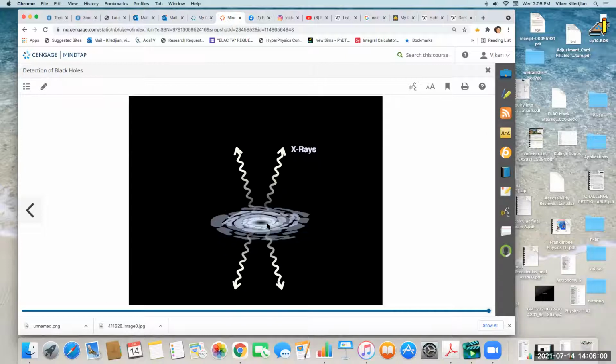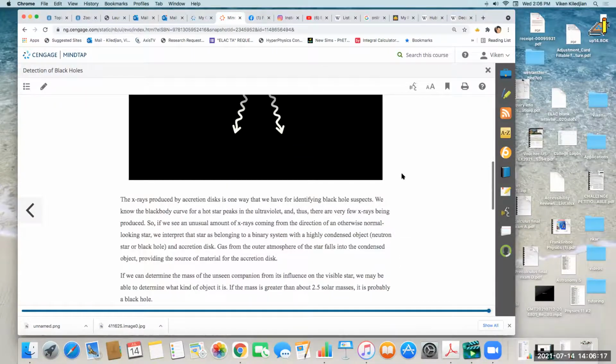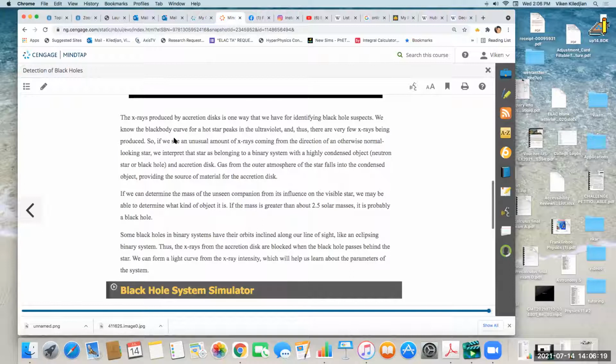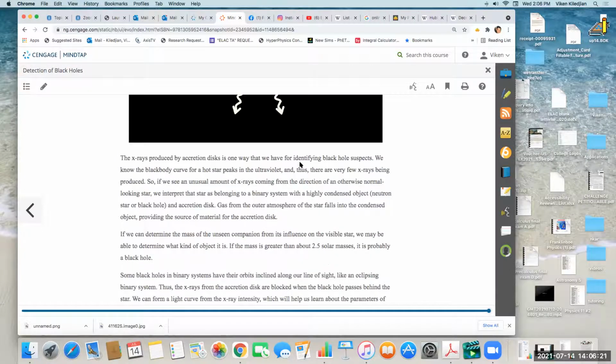As the accretion disk is accumulating around the black hole, the friction is emitting huge amounts of X-rays and even gamma rays. So the X-rays produced by an accretion disk are one way that we have for identifying black hole suspects.